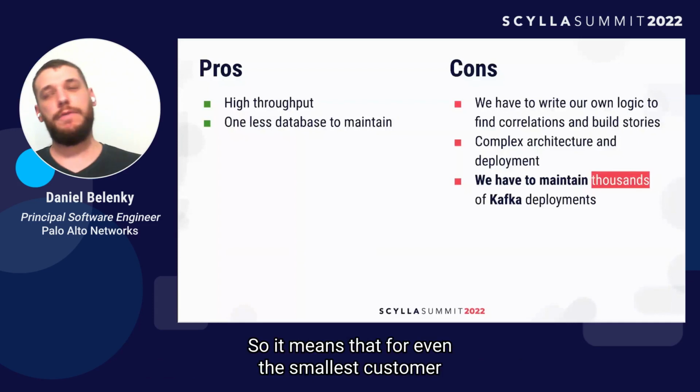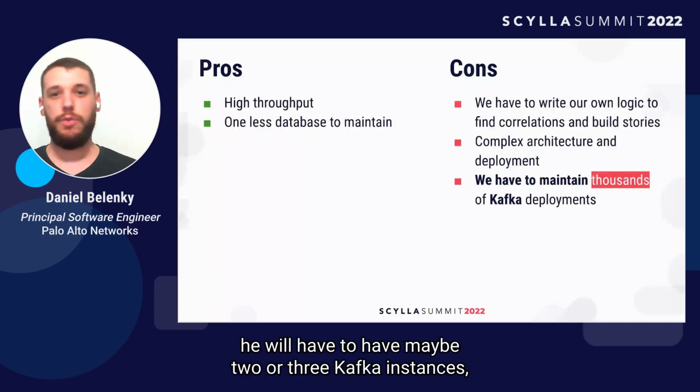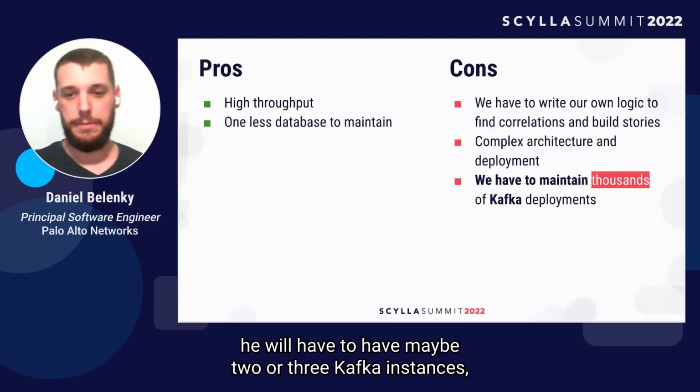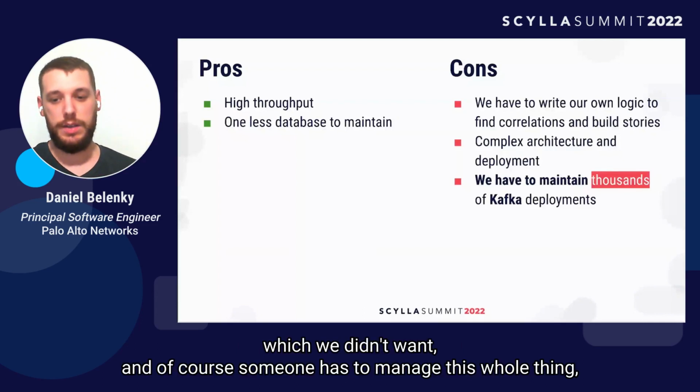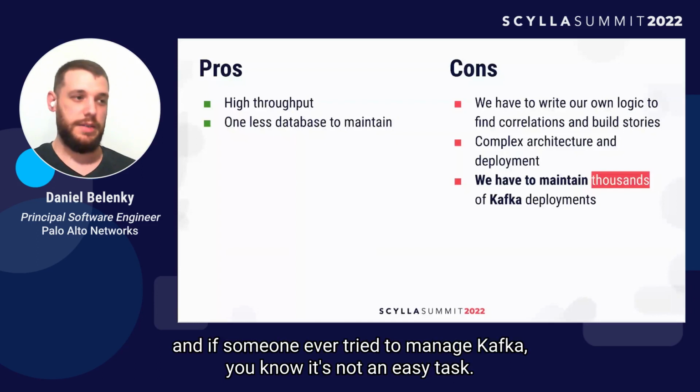So it means that even for the smallest customer, he will have to have maybe 2 or 3 Kafka instances, which we didn't want. And of course, someone has to manage this whole thing. And if someone ever tried to manage Kafka, you know it's not an easy task.